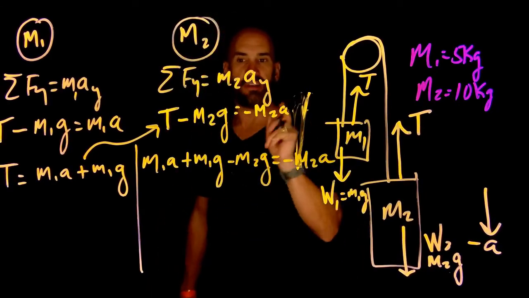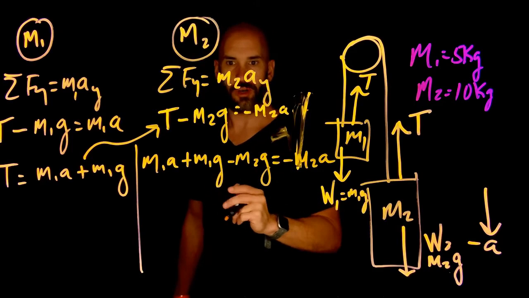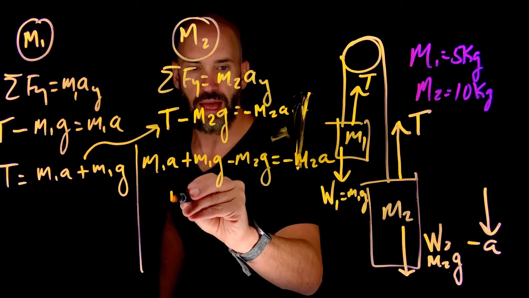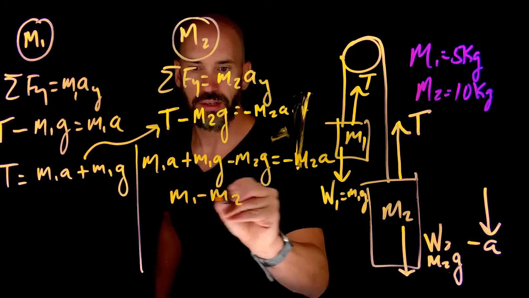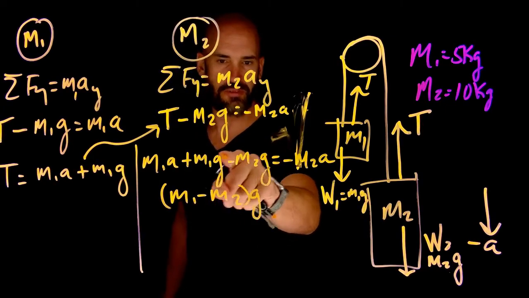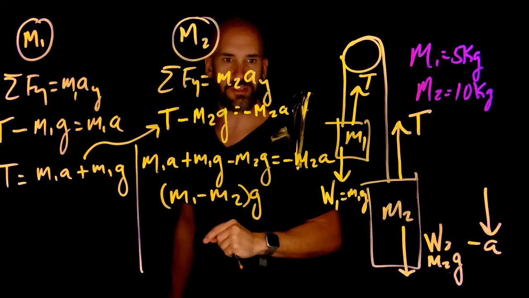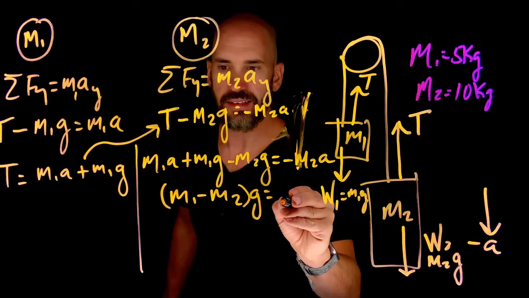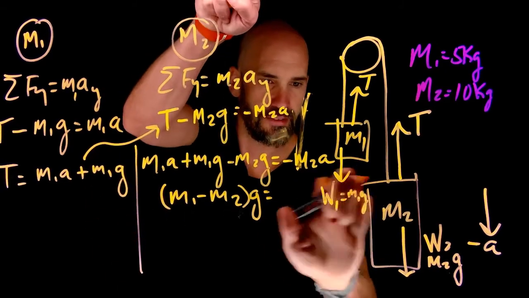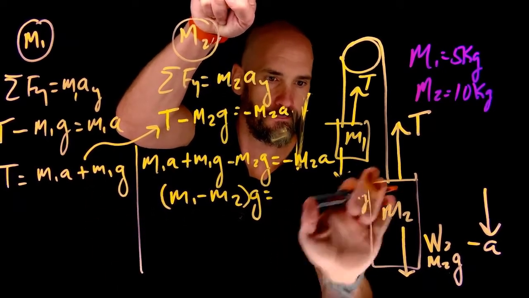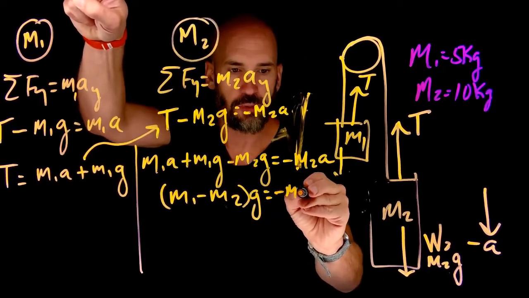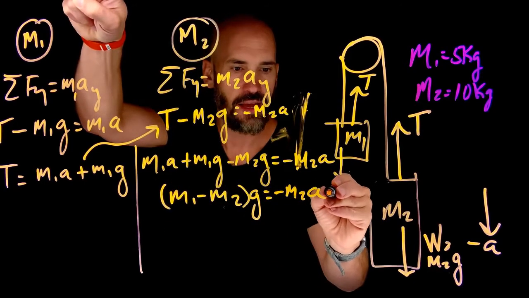I want to get my A's all on the same side so that I can solve for it. So this will give me M1 minus M2 times G. Basically, I kept these two terms, but I just pulled out a G from each of them because there's a common G. It makes my life a little bit easier. And then this is going to be minus M2A minus M1A.